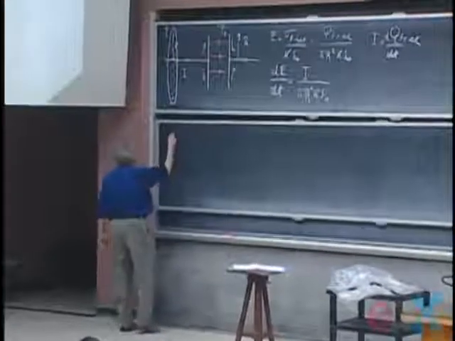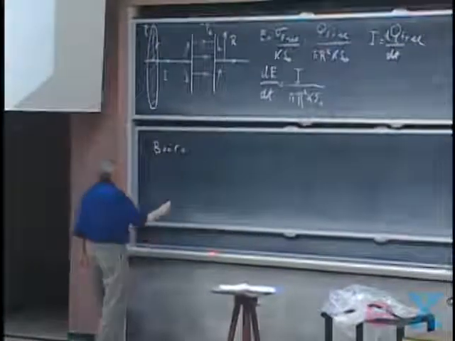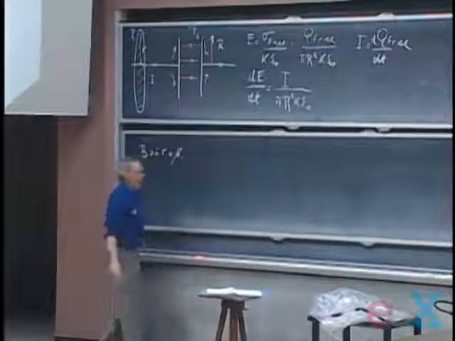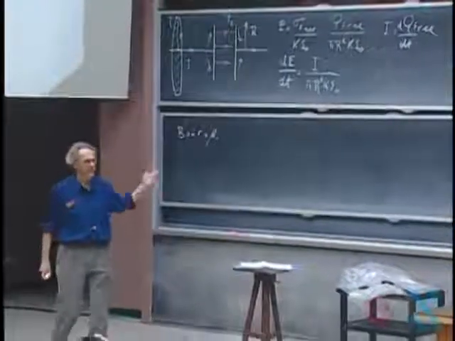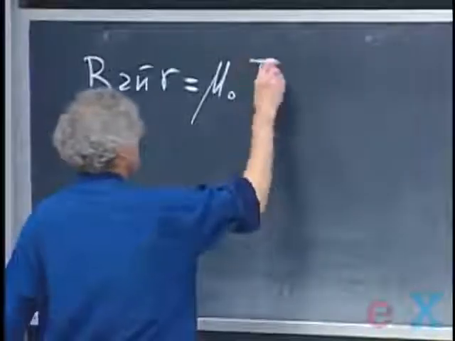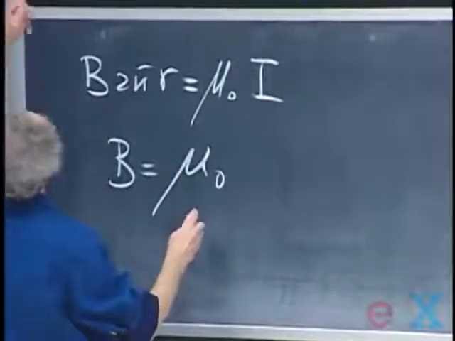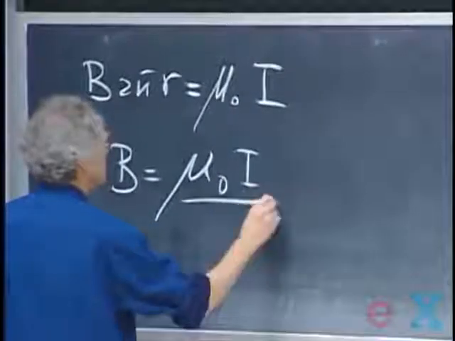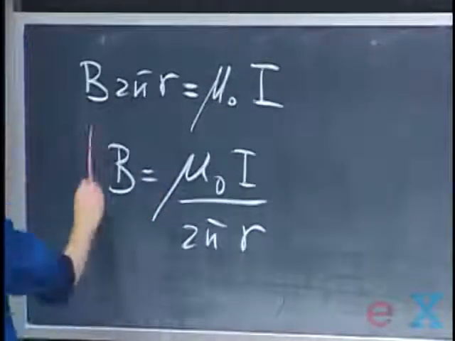And so we get B times 2 pi r equals mu 0 times I pen, and pen means the current that penetrates my open surface. Well, that's I. I goes right through that surface. And so the magnetic field at that point P1 is mu 0 times I divided by 2 pi r. We've seen this several times before.